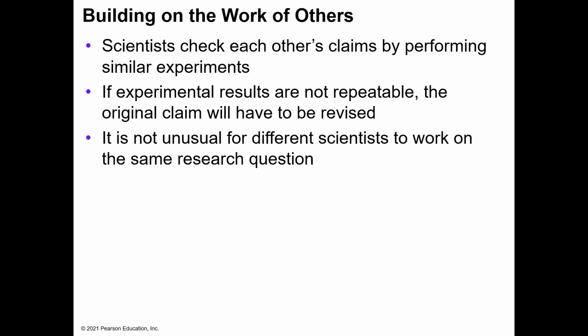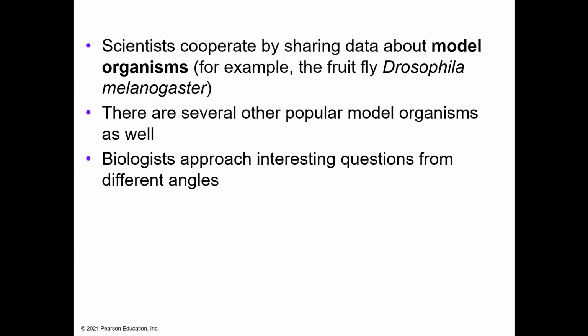It is not unusual for different scientists to work on the same research question because sometimes it's not just about discovering something new, it's to discover if something is actually true or can be modified to be even better. So because of this, scientists will usually cooperate by sharing data about something that is a model organism.